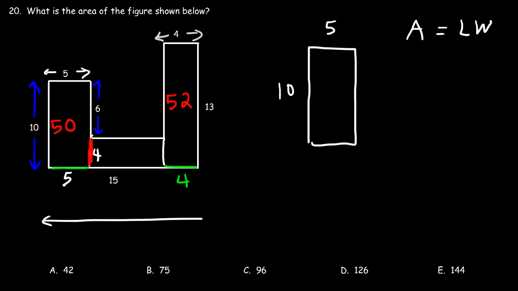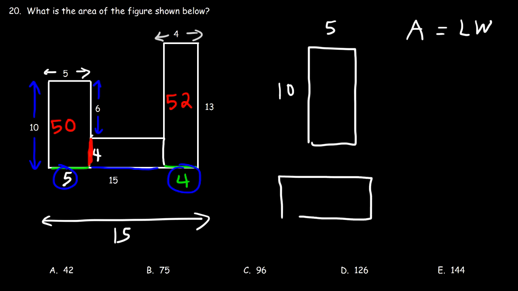And the total length is 15. So this region highlighted in blue has to be the difference between 15 and 5 plus 4, which is 9. So 15 minus 9 is 6. So we have a rectangle with the dimensions 4 and 6. So 4 times 6 is 24.